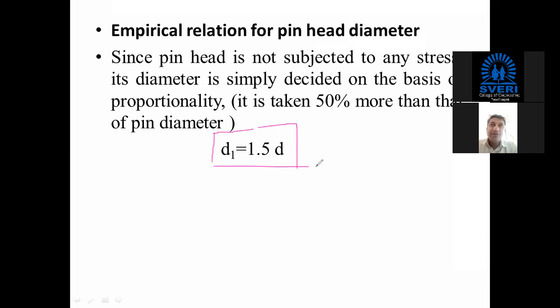The head which we consider for the pin, this part which comes in contact with the double eye will undergo crushing, and on the upper part we are not going to apply any type of load.